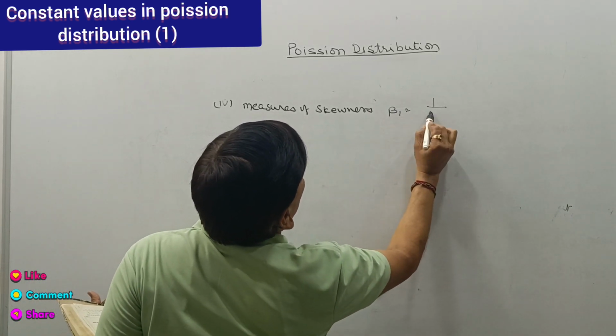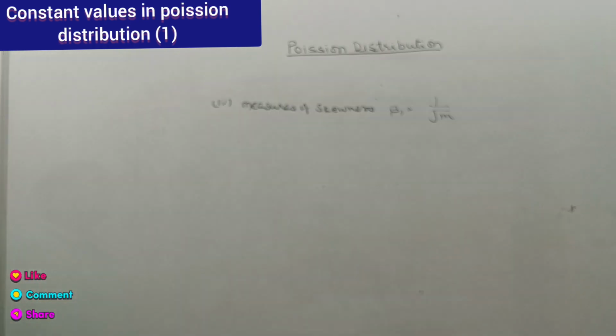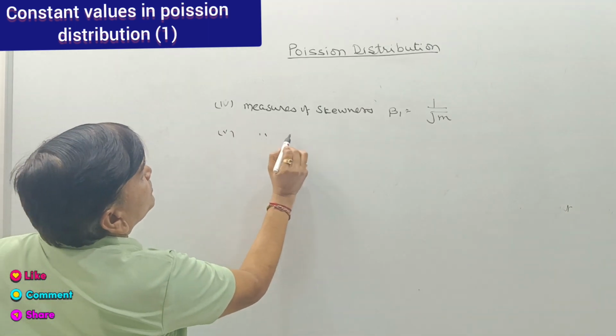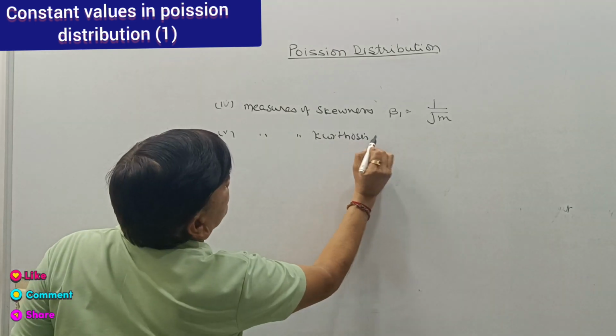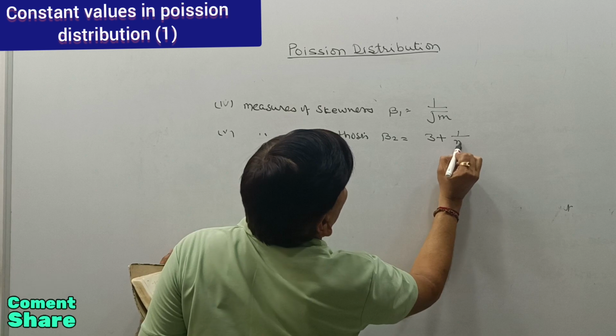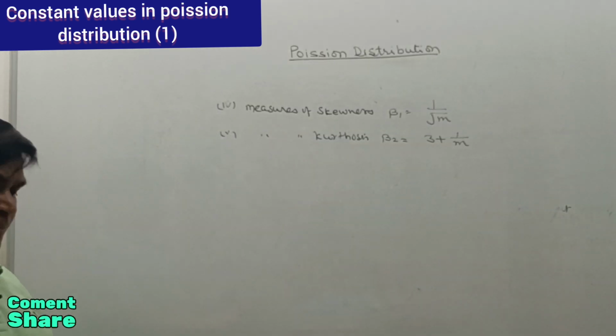That is 1 upon root m. For getting the value of skewness, the formula will be under root 1 upon m. And the measure of kurtosis, beta 2, that is 3 plus 1 upon m.